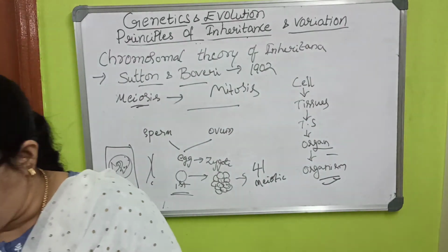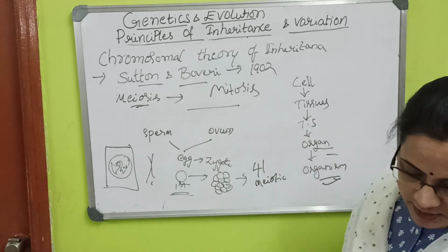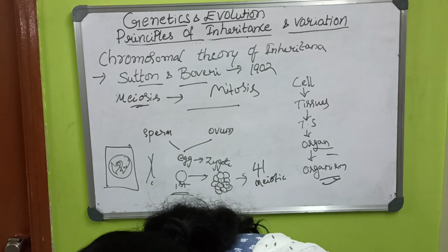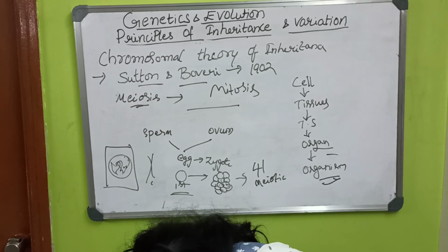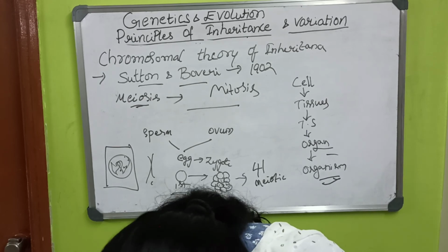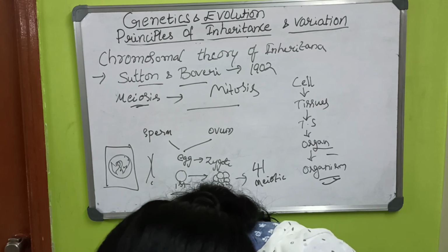Here also, homologous chromosomes lead to segregation of a pair of factors that they carry. One more question: why did Mendel's work on principles of inheritance remain unrecognized?